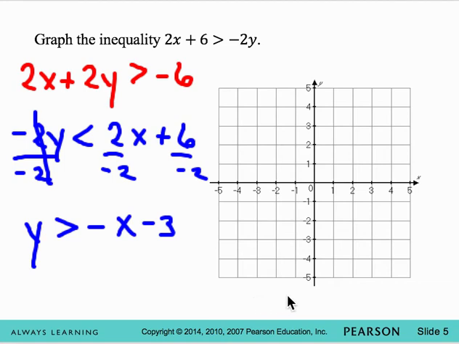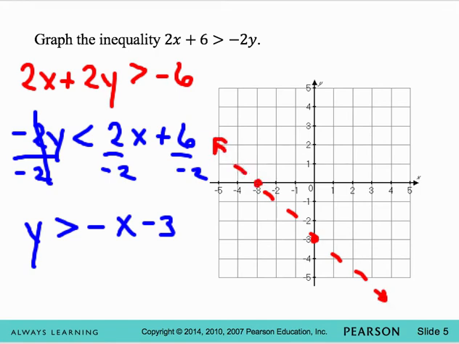All right, let's go back to where I'm doing it in red. If x is 0, y is -3. We had that right. But if y is 0, x is -3. Okay, dotted line. Sorry about that.